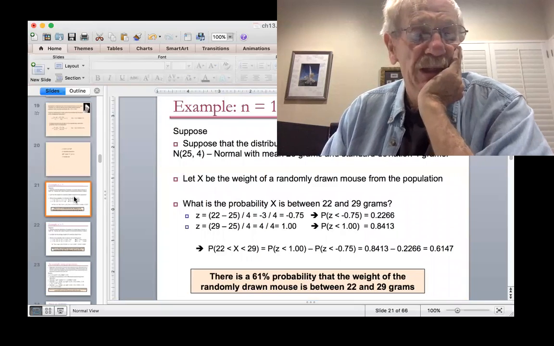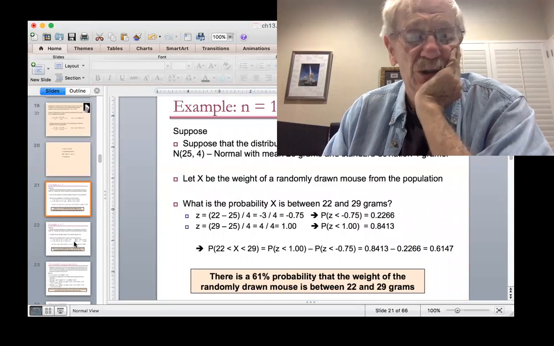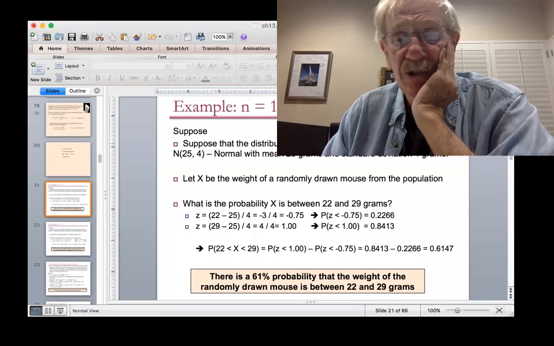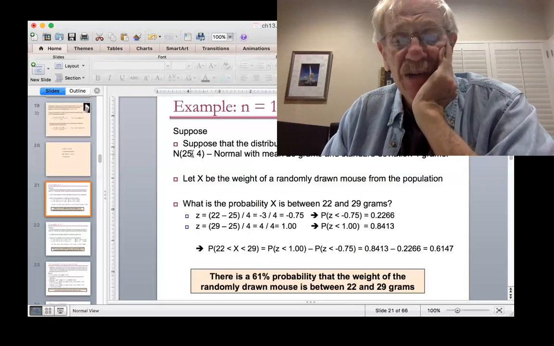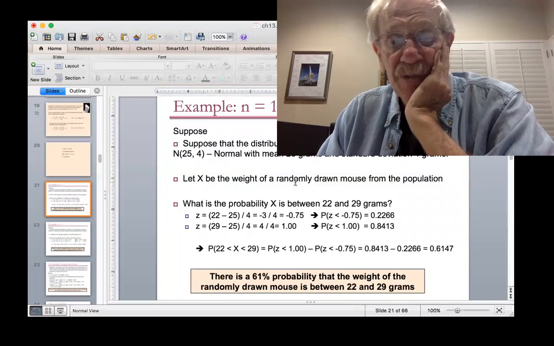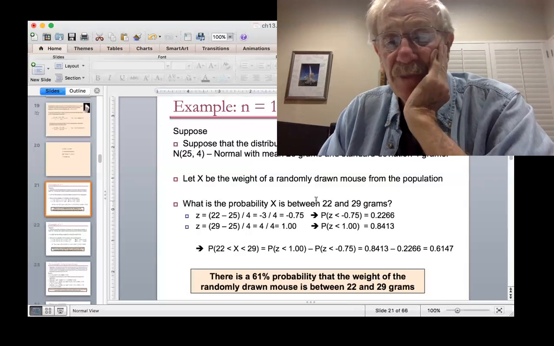So slide 21 and 22. Suppose the distribution of weights of a certain type of mouse has a mean of 25 grams and a standard deviation of 4 grams. And let X be the weight of a randomly drawn mouse from the population. What's the probability that X is between 22 and 29?